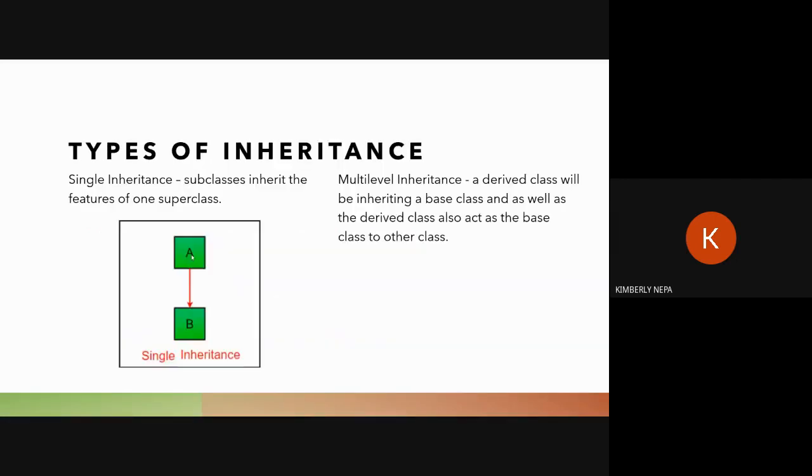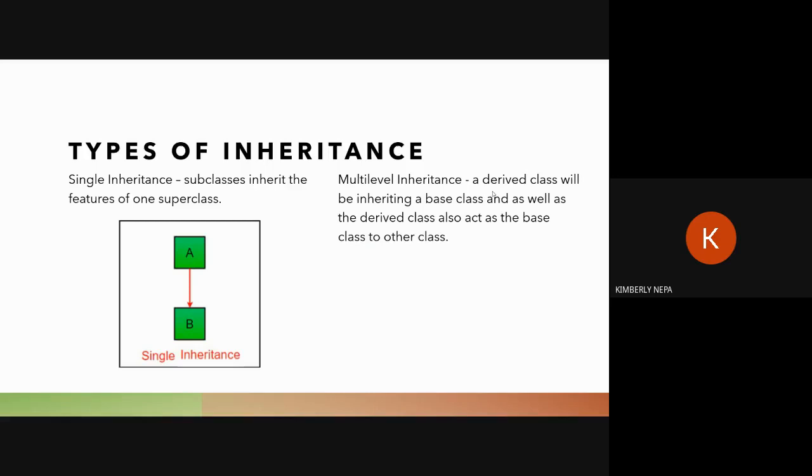So, here kay isa lang man nag-extend after ni dog wala na may lain nag-extend pa kay mammal, right? Si dog lang man ang nag-extend kay mammal. So that is what we call the single inheritance. Isa lang ang ilahang connection. We also have the multi-level inheritance.